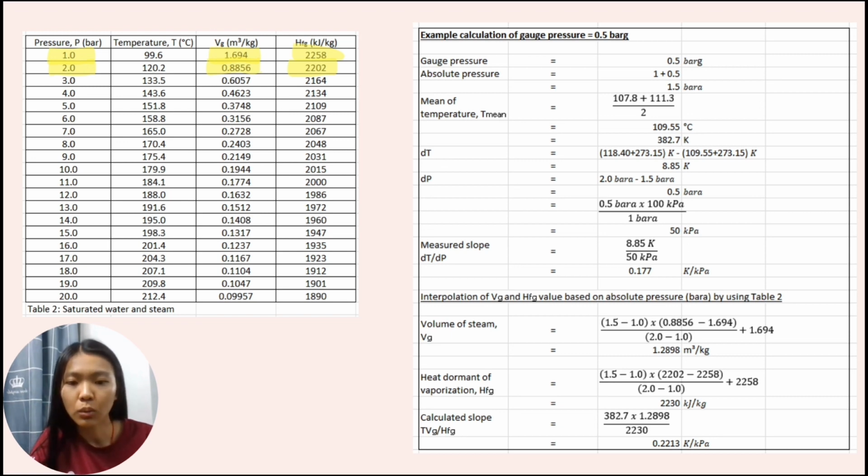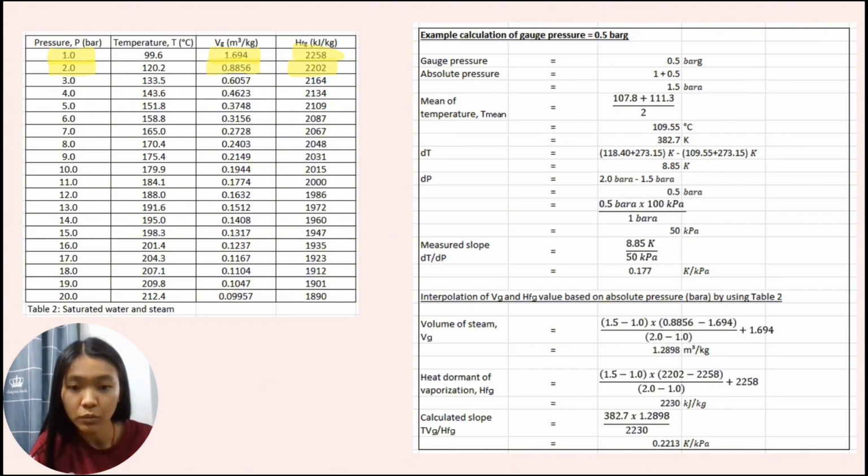So volume of steam Vg equals 1.5 bar minus 1.0 bar times (0.8856 minus 1.694) divided by (2.0 minus 1.0 bar) plus 1.694, which equals 1.2898 meter cube per kg.